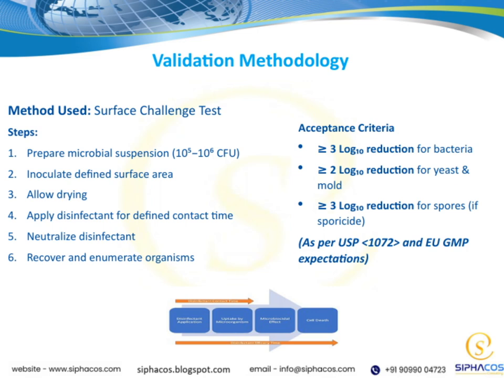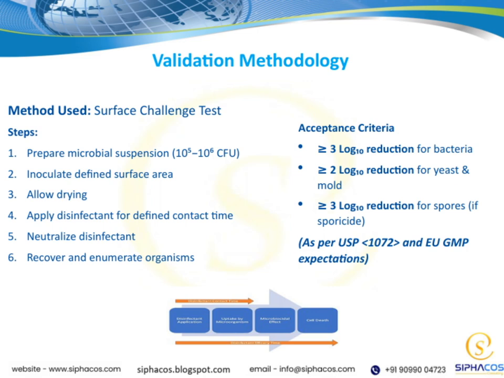Now, moving on to our validation methodology, we use the surface challenge test. This involves several key steps. First, we prepare a microbial suspension with a concentration of around 10^5 to 10^6 colony-forming units, or CFUs. Then, we inoculate a defined surface area with this suspension. After allowing it to dry, we apply the disinfectant for the specified contact time.